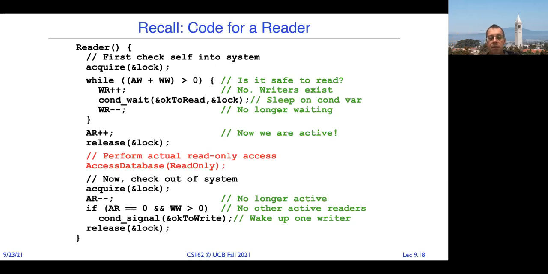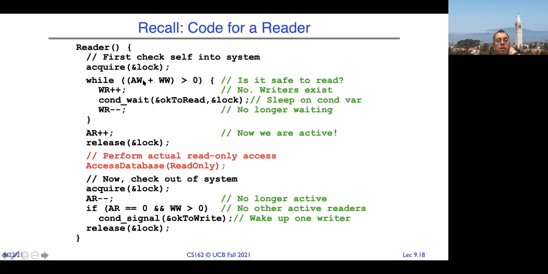The answer, which is correct, is from Akshay: you want to read the most up-to-date information. Otherwise, you can starve writers. If you always have readers coming in, you will never update the database. Before a reader finishes, you have another reader, so you schedule that reader and so forth. So the writer will not be able to be scheduled. Okay, sounds good.